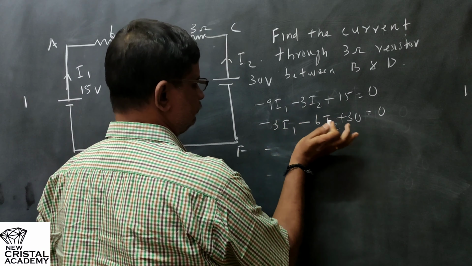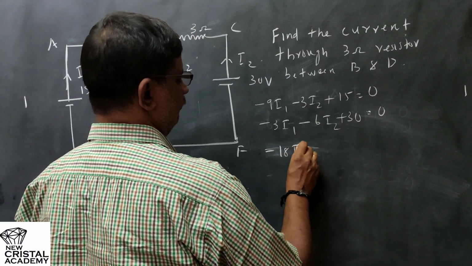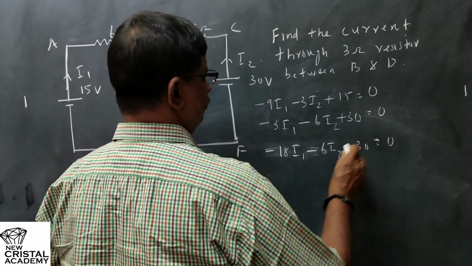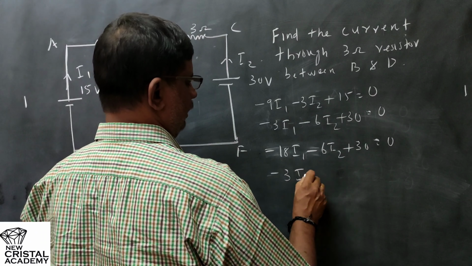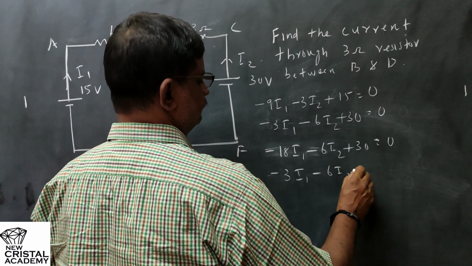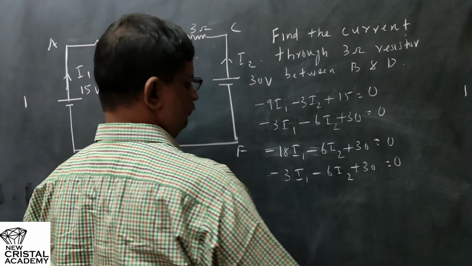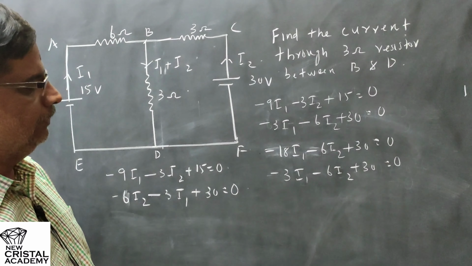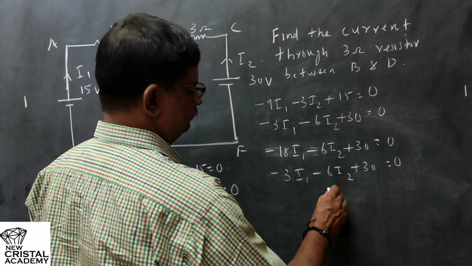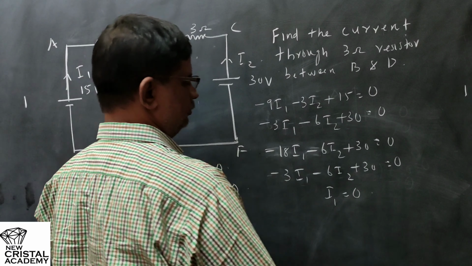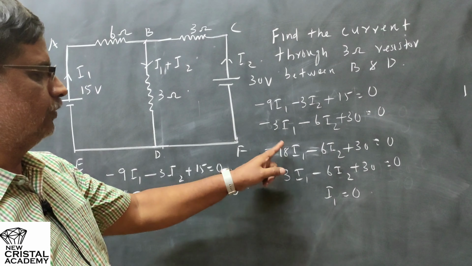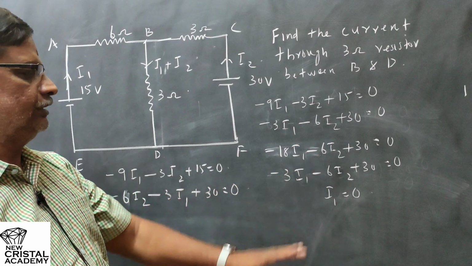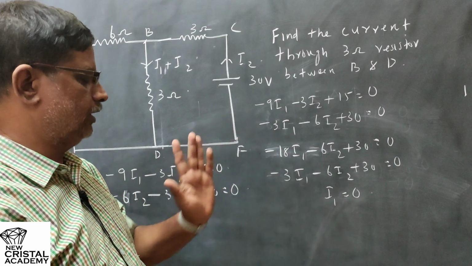So it will be minus 18I1 minus 6I2 plus 30 equal to 0, and your second equation is minus 3I1 minus 6I2 plus 30 equal to 0. Now we subtract the second equation from the first and immediately we find that I1 equals 0. I2 gets cancelled and 30 minus 30 is 0.